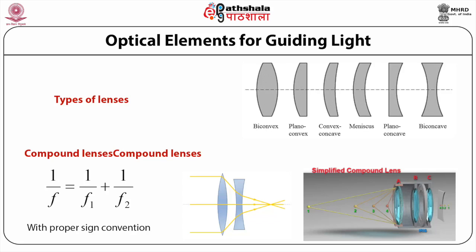If you keep them very close to each other such that the combination can be called a compound lens, then the effective focal length of that compound lens is simply given by this equation: 1 by f equals 1 by f1 plus 1 by f2. Here f1 and f2 have to be taken with proper sign convention, meaning for a biconvex lens it is positive and for a biconcave lens it has to be negative.